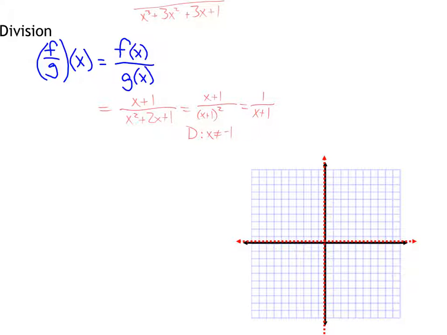This is the function, the parent function, translated how? Horizontally 1 unit to the left. Very good. So my vertical asymptote stays the same, but my horizontal is actually going to be over here at negative 1.